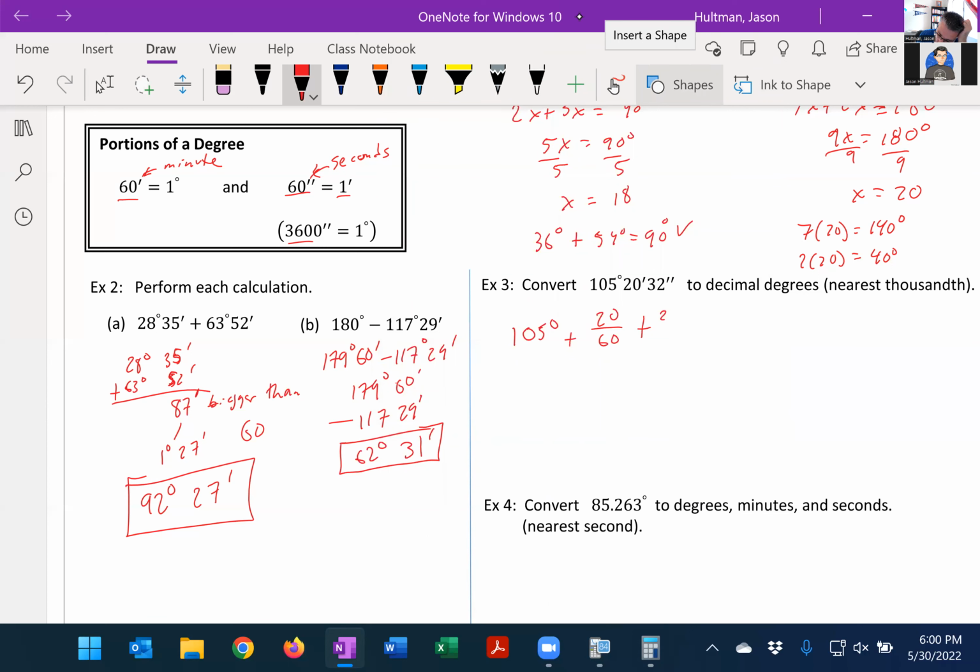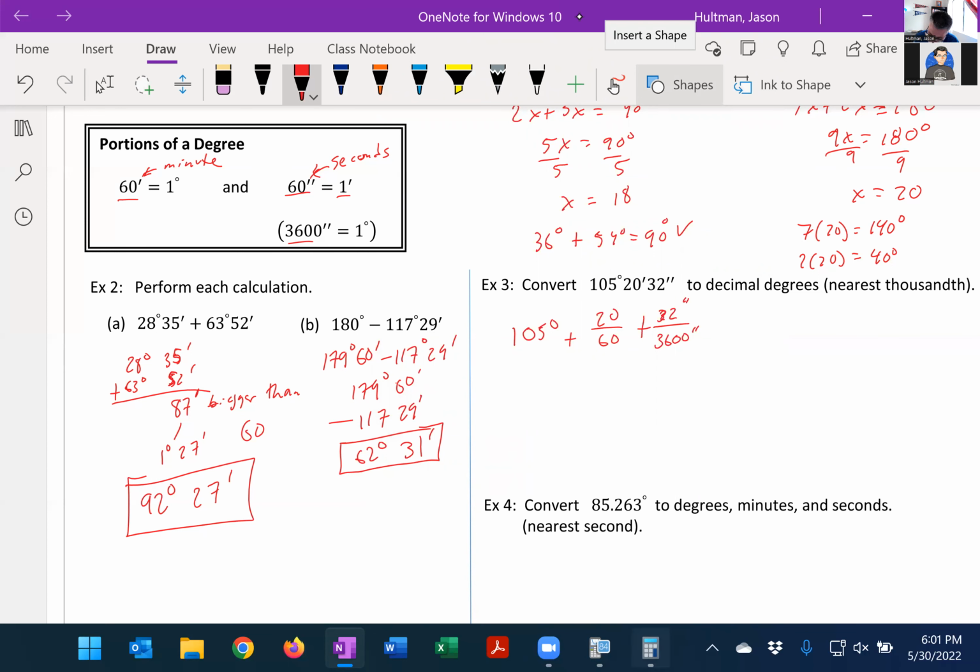There are 3,600 seconds in a degree, so I have 32 seconds over how many seconds are in a degree. That's going to give me the fractional part of a degree. And so this is 32 out of 3,600.